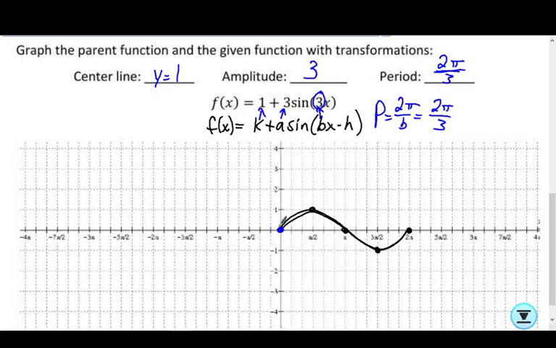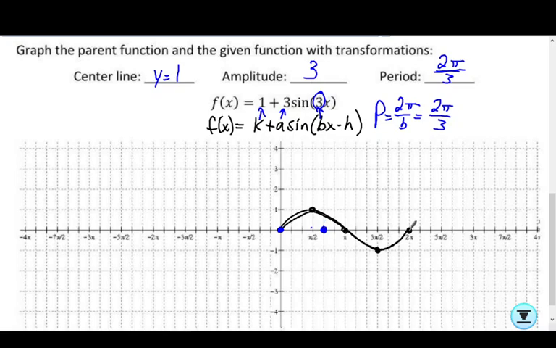Okay? So you notice that these hash marks, each one of these is pi over 6. So this is 90. This right here is 2 pi over 3. So this is where my function's going to end. Okay? Now you could sit here and divide all of the x values by 3, but what we're going to do is use the idea that our function's going to be horizontally compressed, which means all of the points are moved in the same way.